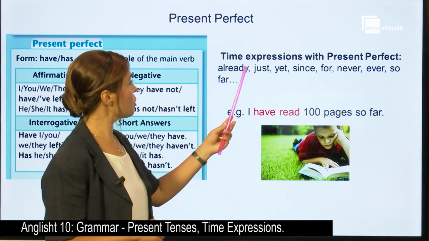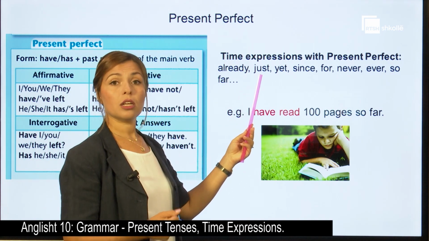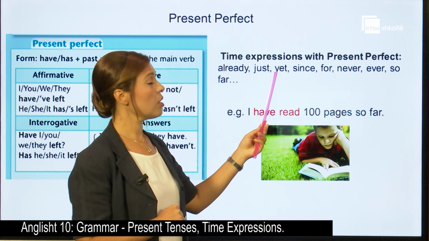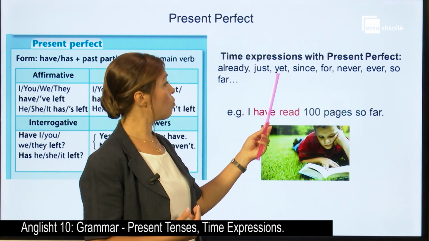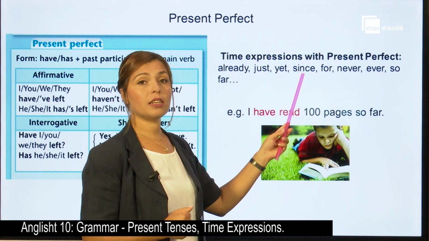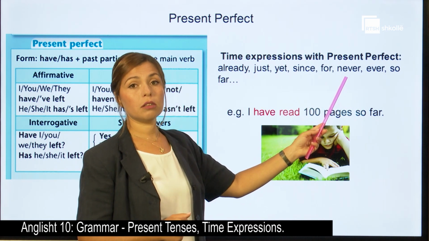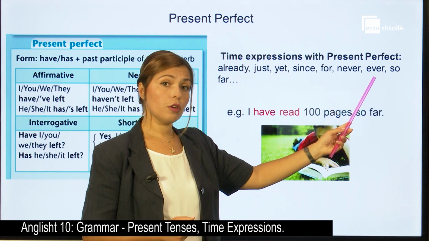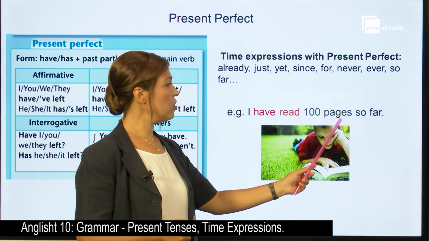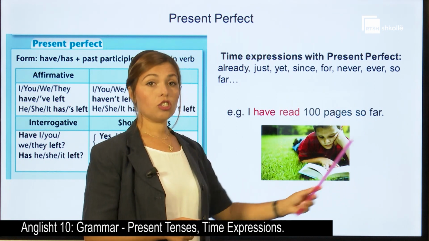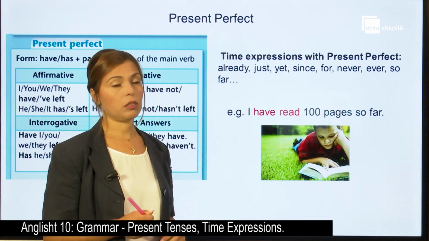So, we have time expressions like already, I have already done my homework, just, I have just finished my homework, yet, in negative sentences, I haven't finished my homework yet. Since 1995, for 2 years, I have never visited Paris. Have you ever visited Paris? I have read 100 pages so far.